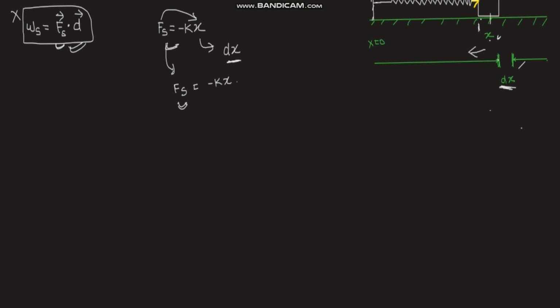So for the interval dx, we will analyze the motion of the block. And why are we doing so? We are doing this only to make sure that the spring force, which is a variable of x, becomes constant. And if it becomes constant, then we can happily utilize this equation, work done equals Fs vector dot d vector. So let's proceed further in the next section.